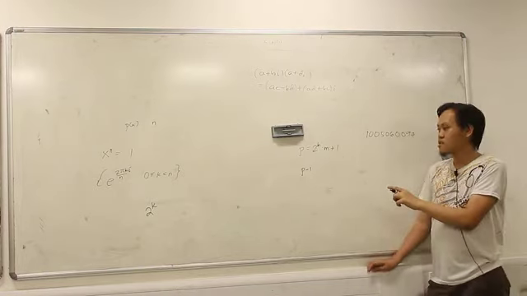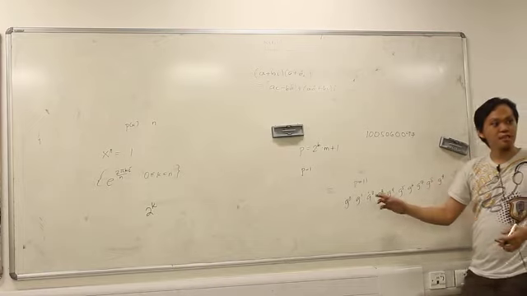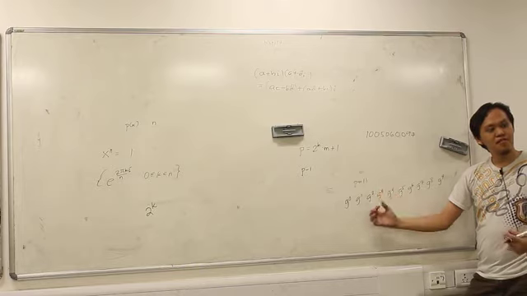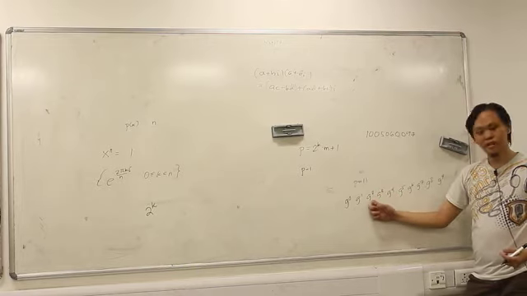Remember in our example before, let's say p equals 11, and let's assume that g is a primitive 10th root of unity. Now you want to find the primitive 5th root of unity. You square it.